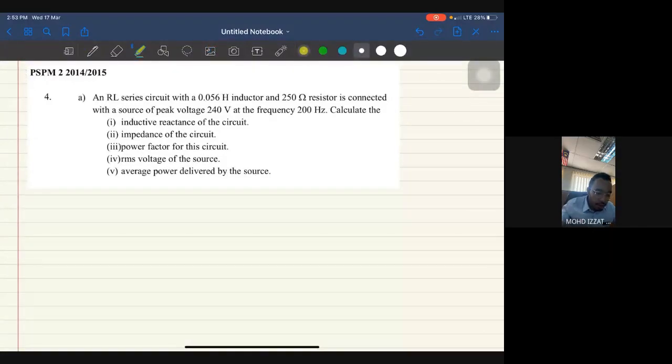First thing first, you take out the information. It is a RS series circuit. So ada komponen apa dalam dia?